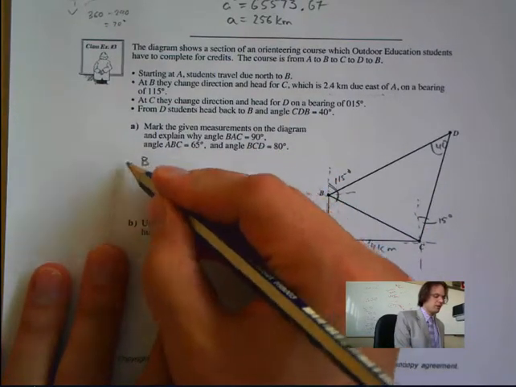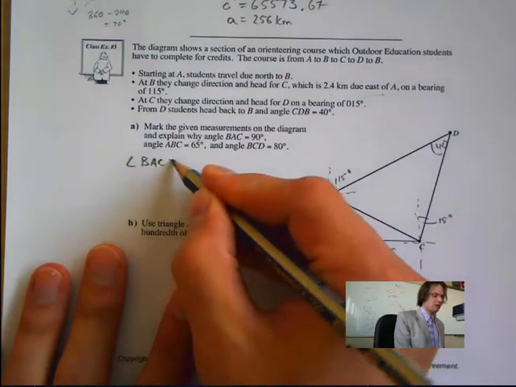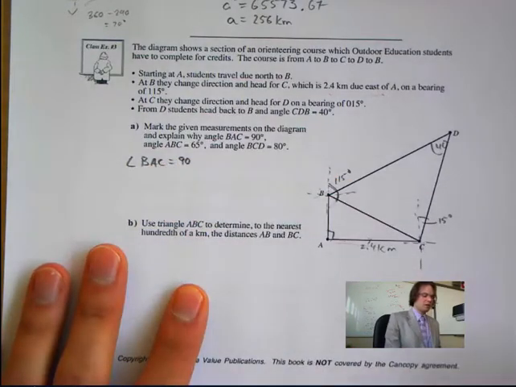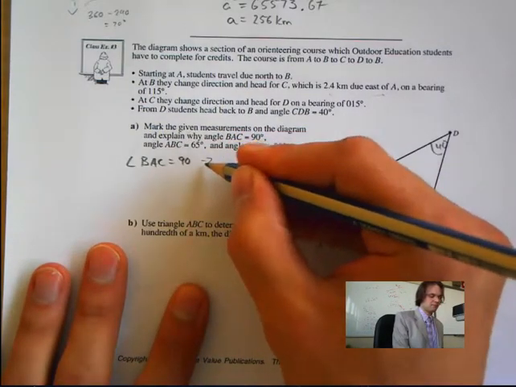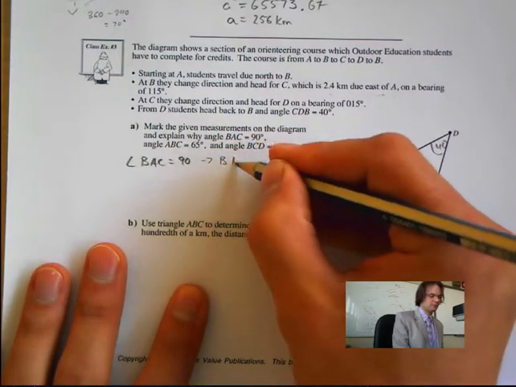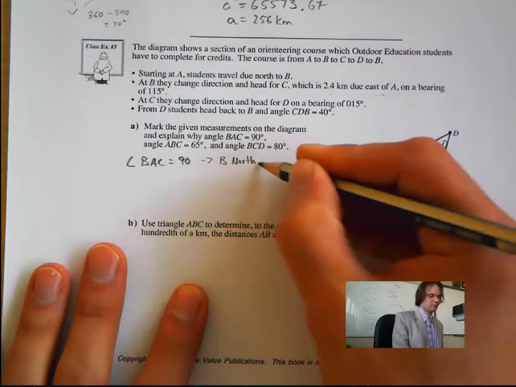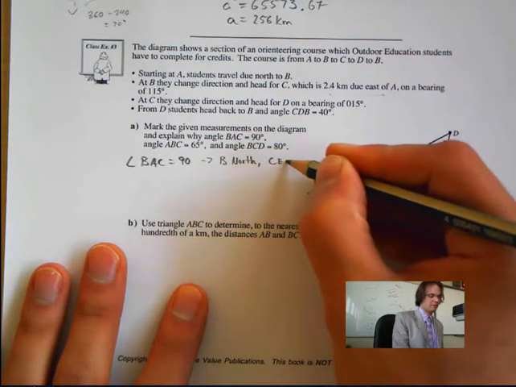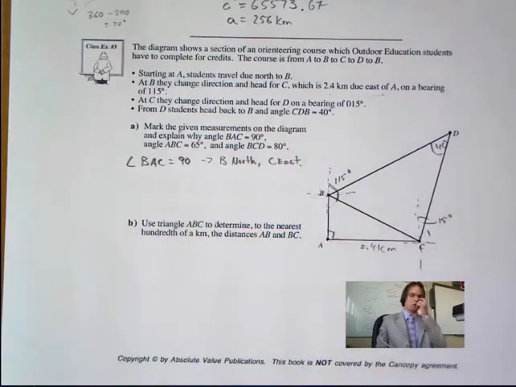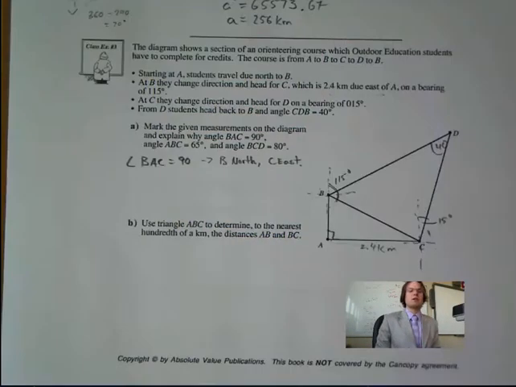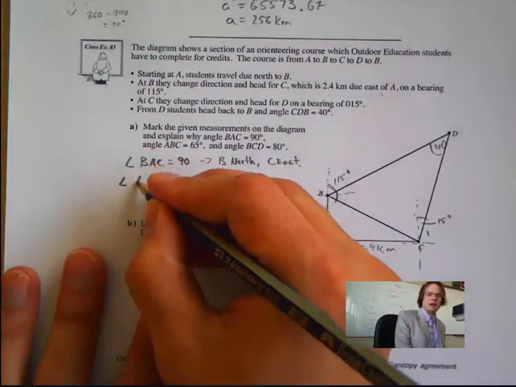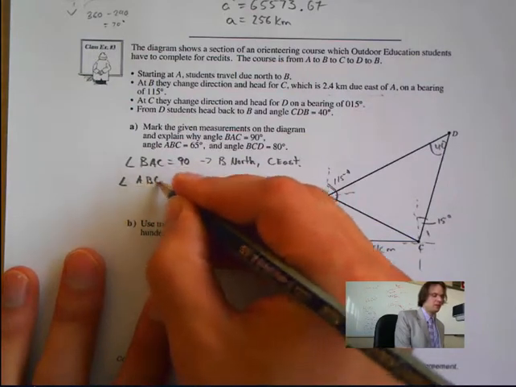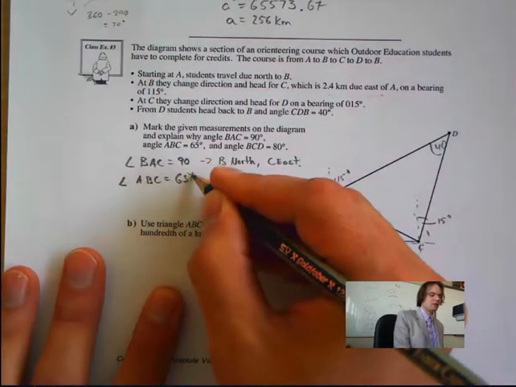So angle BAC is equal to 90 degrees because B is north and C is east. Therefore, they will be 90 degrees from each other. All right. The next one is we have angle ABC is 65. So we want to show that angle ABC is equal to 65 degrees.